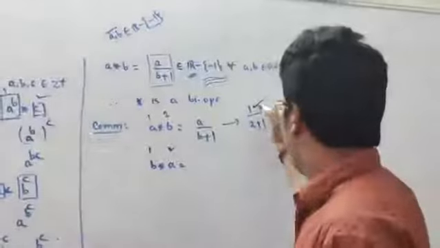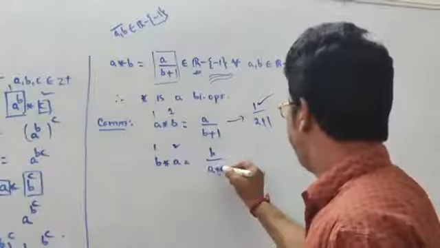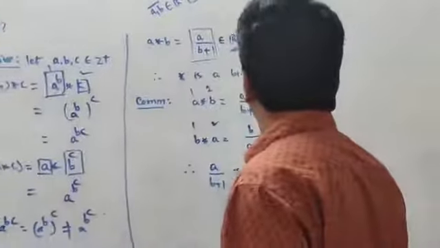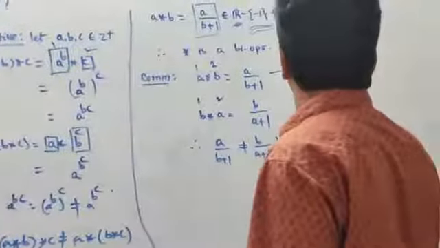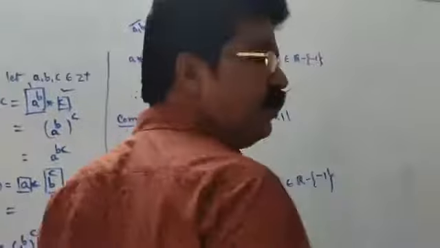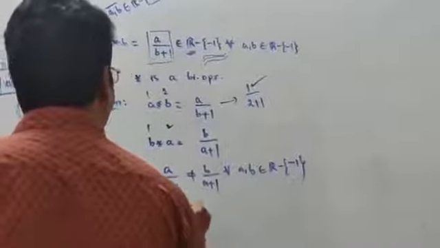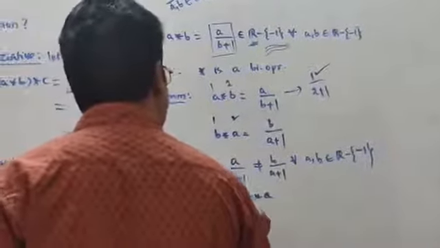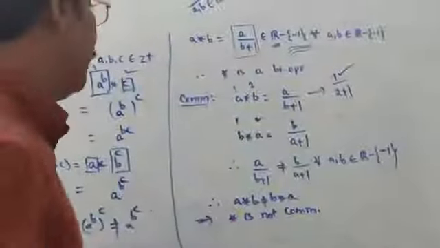Follow this pattern: first element by second element plus 1. So clearly A by B plus 1 is not equal to B by A plus 1, for all A, B that belong to R minus the set of minus 1. You can verify it. Therefore, A star B is not equal to B star A. That implies star is not commutative.